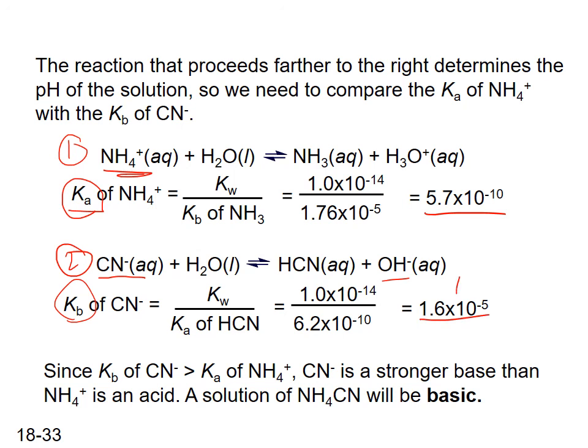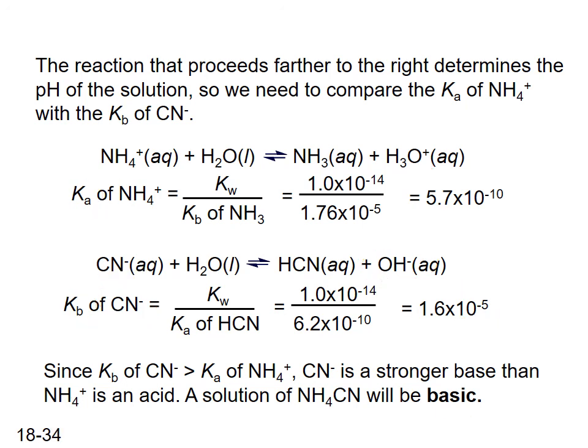Because Kb is greater than Ka, cyanide is a stronger base than ammonium is an acid. So the solution will generate more hydroxide than hydronium ion, and therefore this solution is basic.